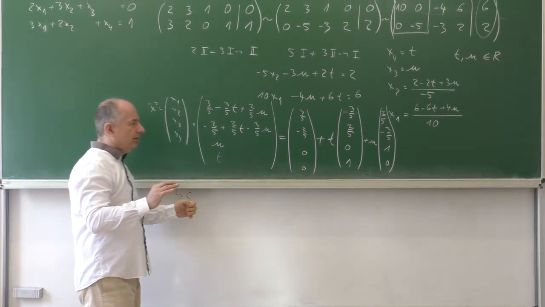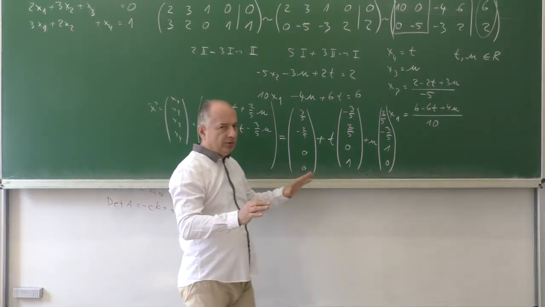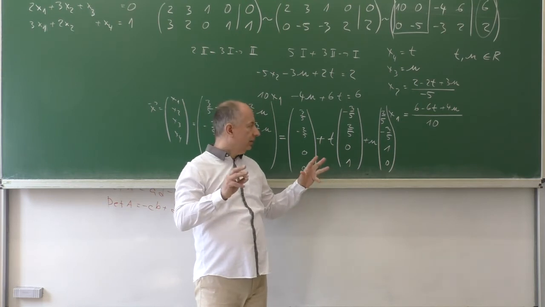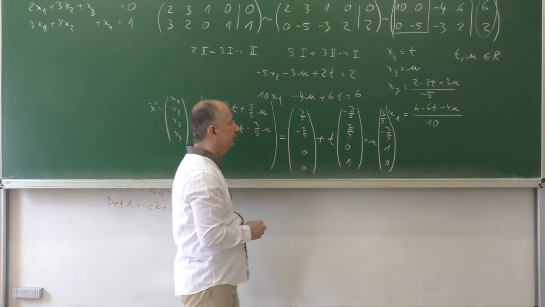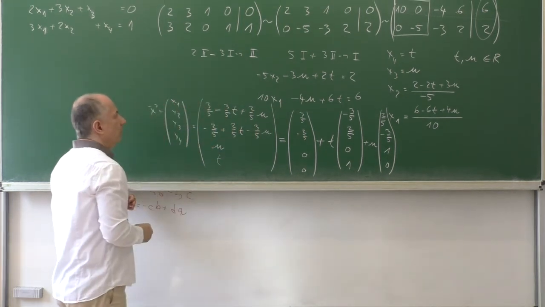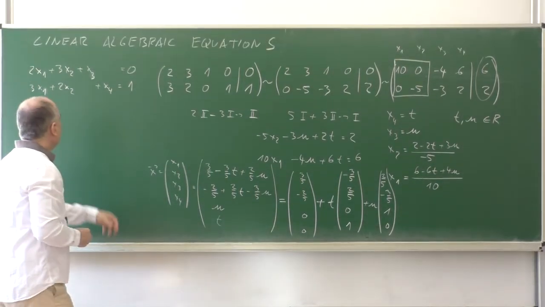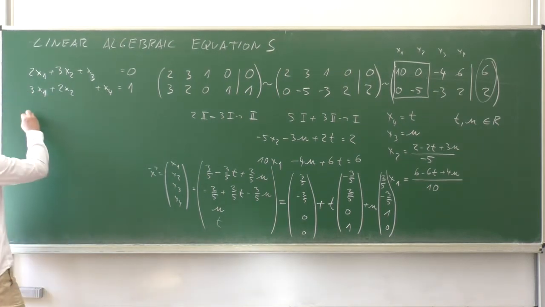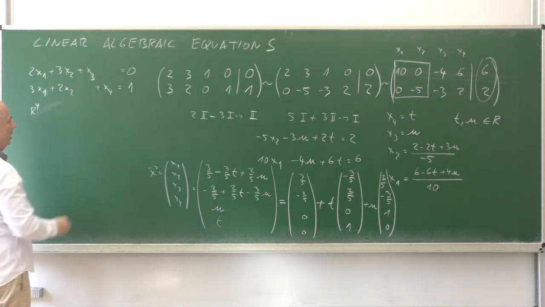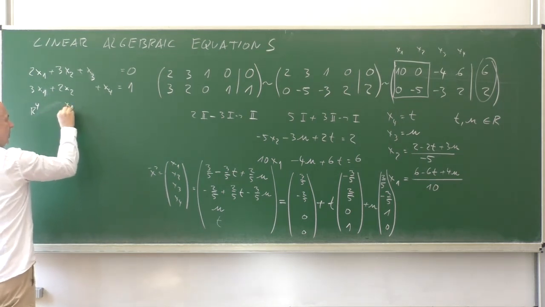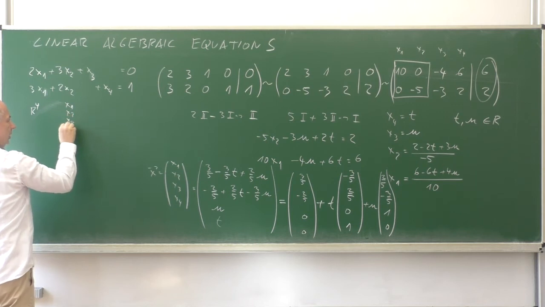Let us discuss in more detail the dimension of the set of the solution and the number of parameters and the properties of the equation. Imagine this four-dimensional space. So we have some vector x1, x2, x3, x4.